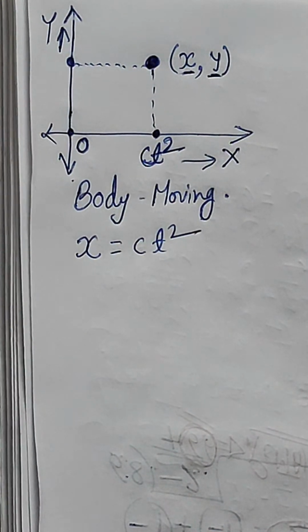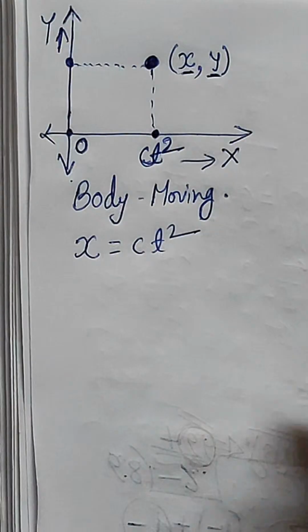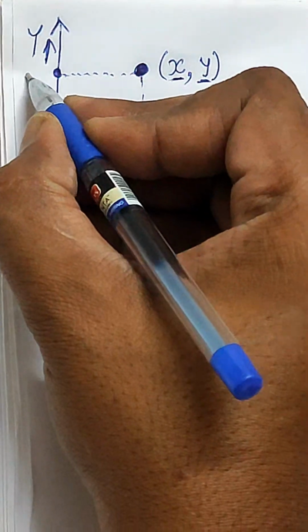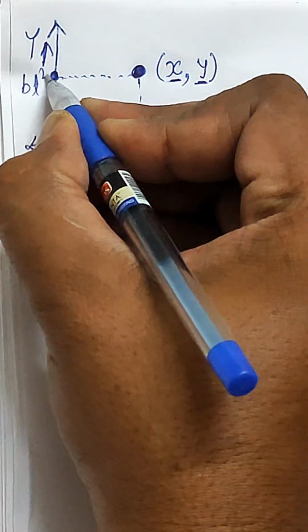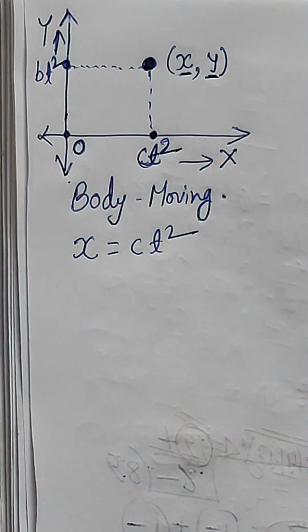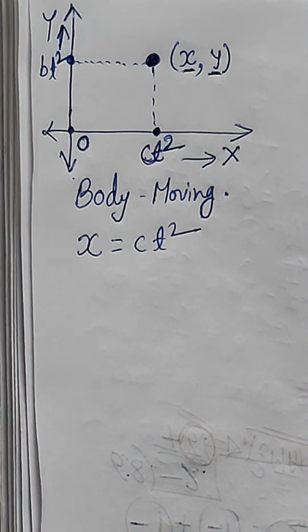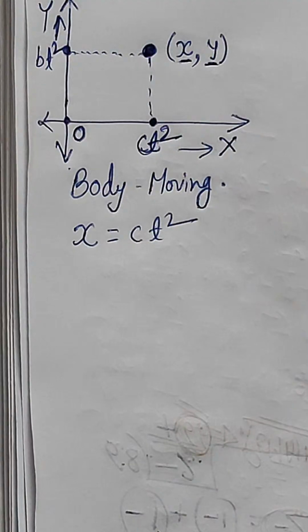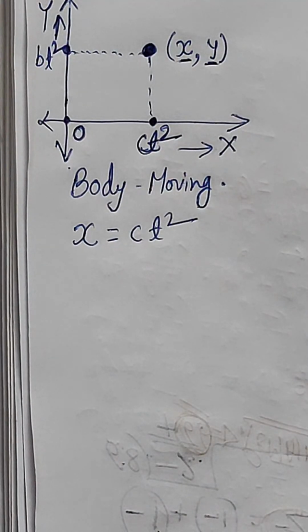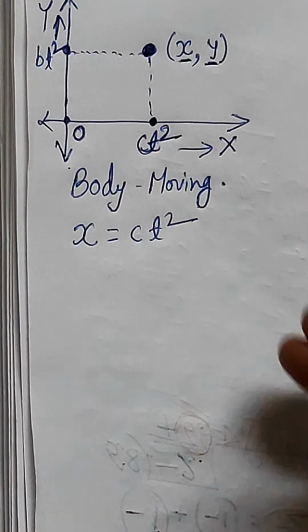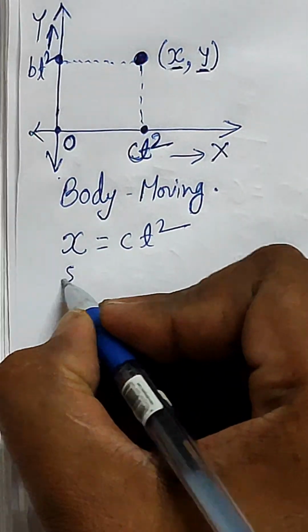And the y coordinate is given to you as bt square. That means this point is bt square, right? Now what we will do, we need to find the speed of the body. So what is the speed of the body that needs to be calculated?